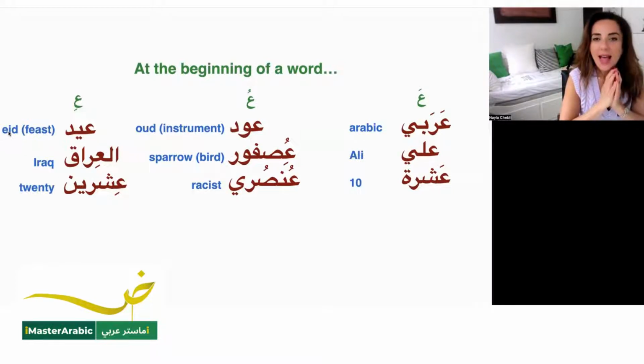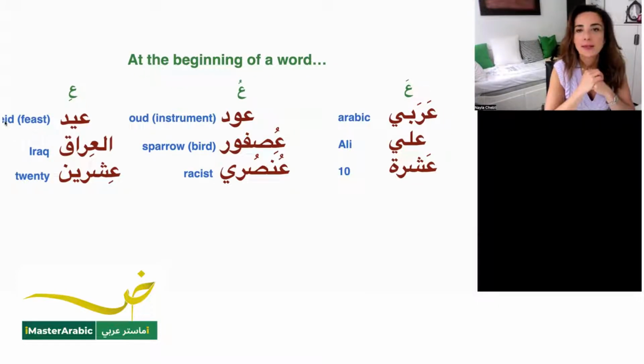So first try the ayn with the kasra sound. You say e while pulling the back of your tongue backwards towards the wall of your mouth. Ay, ay, ay. So I don't say ay, no, ay.